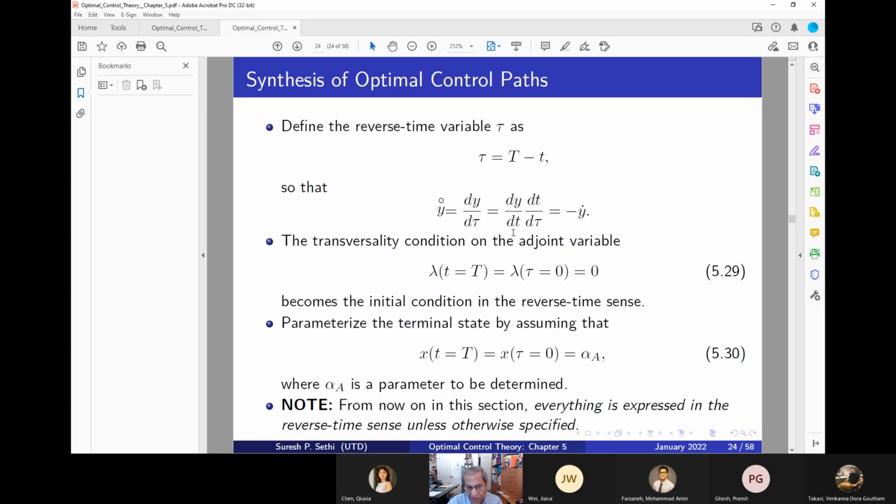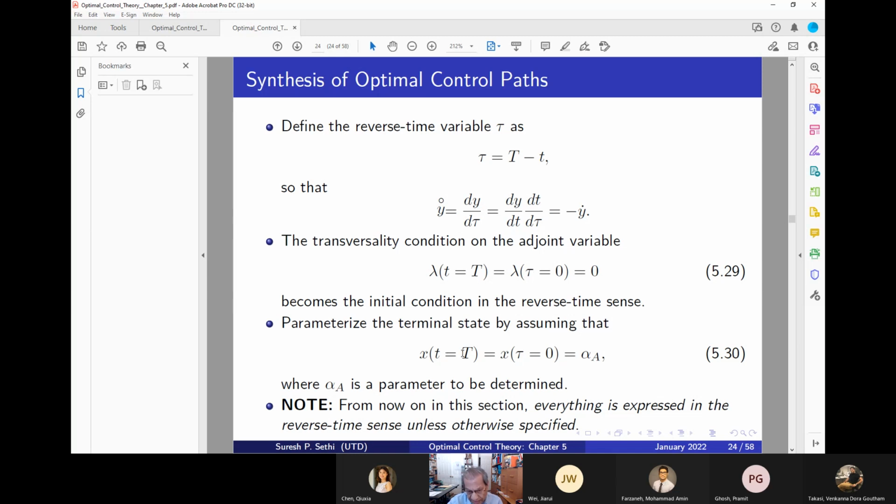And from this point on, until we specify otherwise, if there is a time somewhere, that time is assumed to be tau, not small t, which is the forward time. Tau is the backward time. So we assume backward time unless otherwise specified. Okay? So lambda at t equal to T is lambda at tau equal to 0, and that is equal to 0. Notice we are abusing notation here.